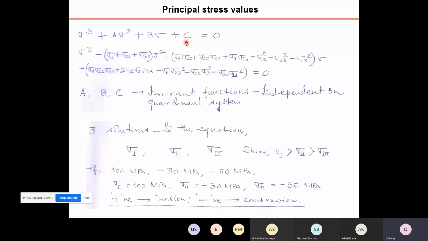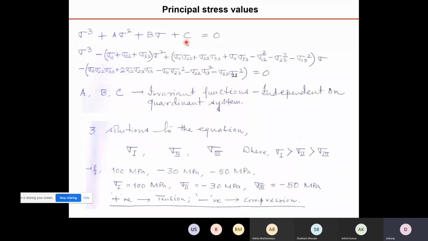Remember, these are called stress invariants. Why are they called invariants? Because they are independent of your selection of coordinates. Whatever way you choose your coordinates 1, 2, and 3 or x, y, z. In our case, we have classically taken the 3 major axes of the parallelepiped. It may not be.